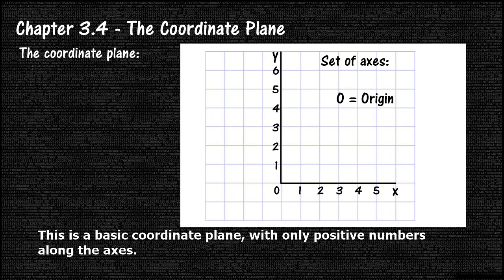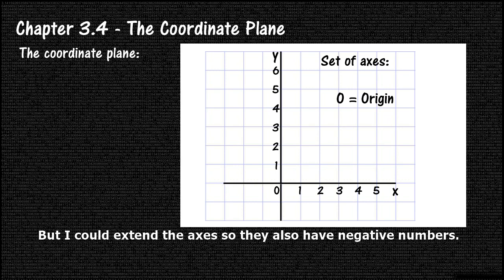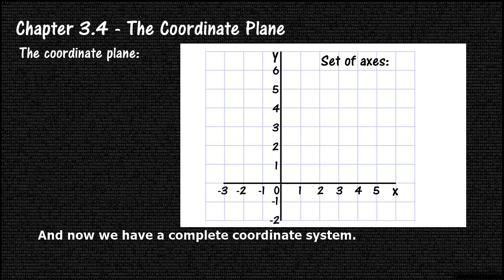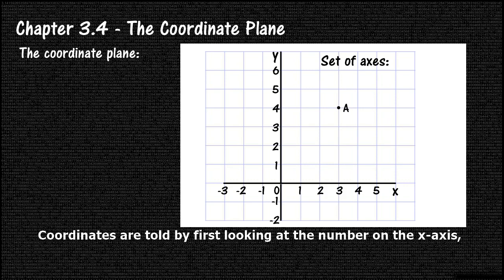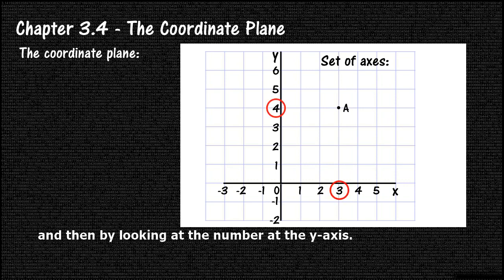This is a basic coordinate plane, with only positive numbers along the axes. But I could extend the axes so they also have negative numbers. And now we have a complete coordinate system. If I were to place a point here, I could use the coordinate plane to tell its location. Coordinates are told by first looking at the number on the x-axis and then looking at the number on the y-axis.